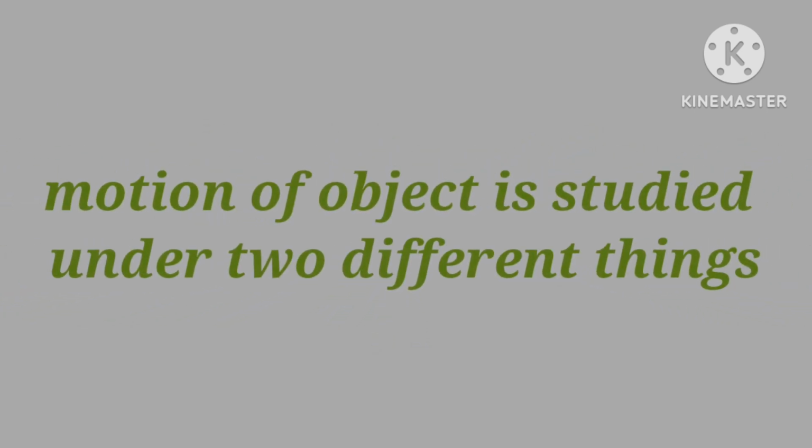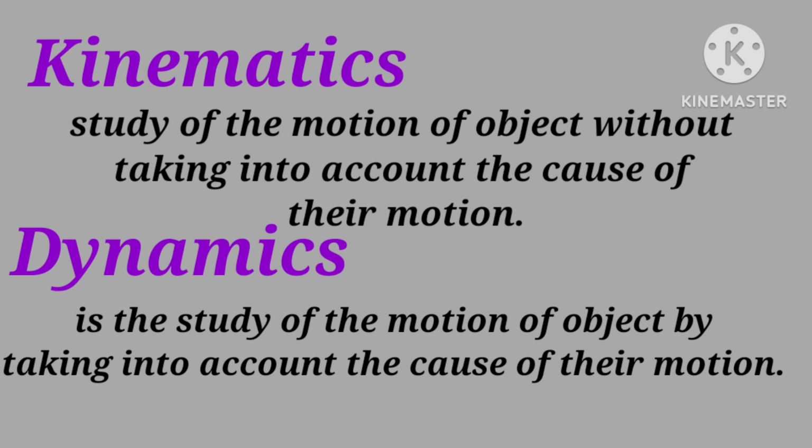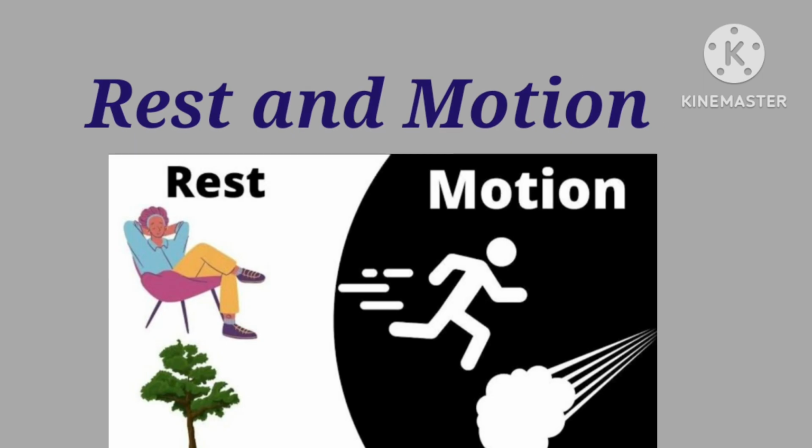First is kinematics and second is dynamics. Kinematics is the study of the motion of objects without taking into account the cause of their motion, whereas dynamics is the study of the motion of objects by taking into account the cause of their change of state or their motion.